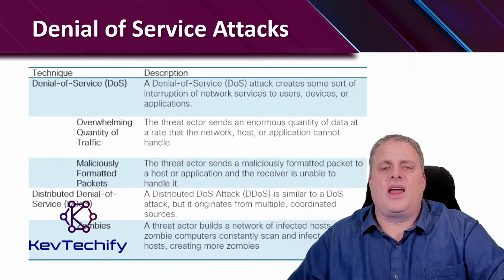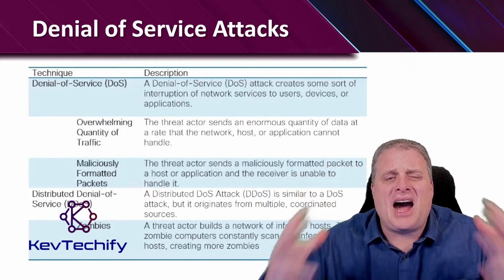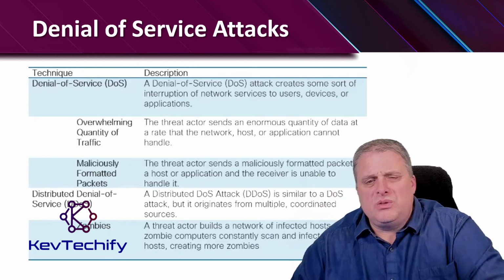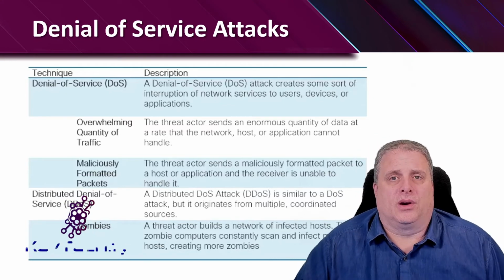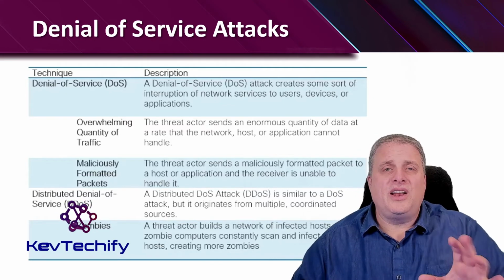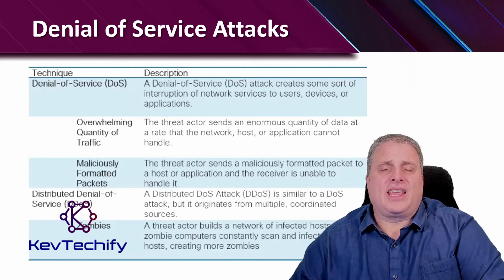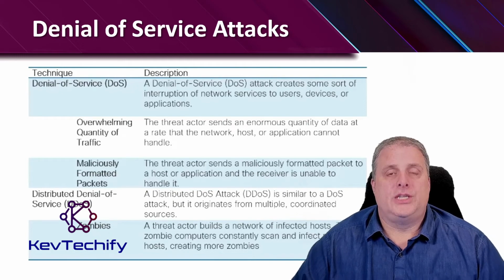This is where that threat actor sends a really huge amount of data at a high rate at a target. And this could be a user or a host or even an intermediary device on your network. That target is unable to handle that amount of data so that it cannot respond to legitimate requests from legitimate users.